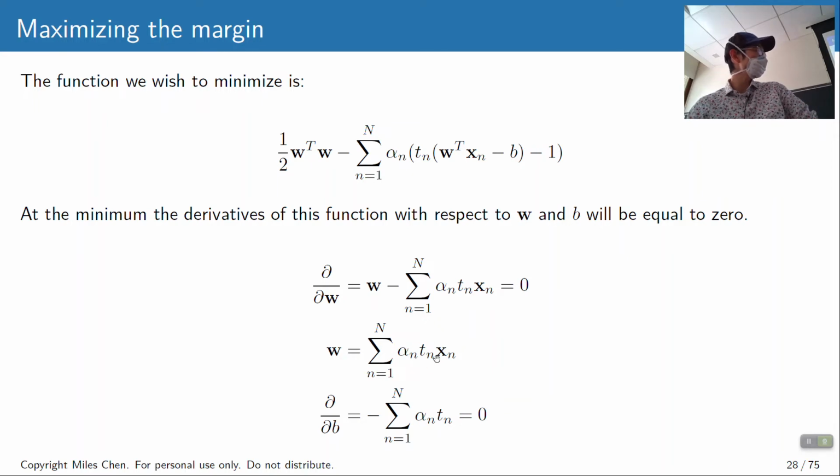Okay, so this is an interesting form here, and we'll talk about this in a moment. If I take the derivative of this whole thing with respect to b, okay, well, this part zeroes out. I've got alpha times t times b, and then the derivative of that with respect to b just becomes alpha times t. The negative sum of that, we set that equal to 0.